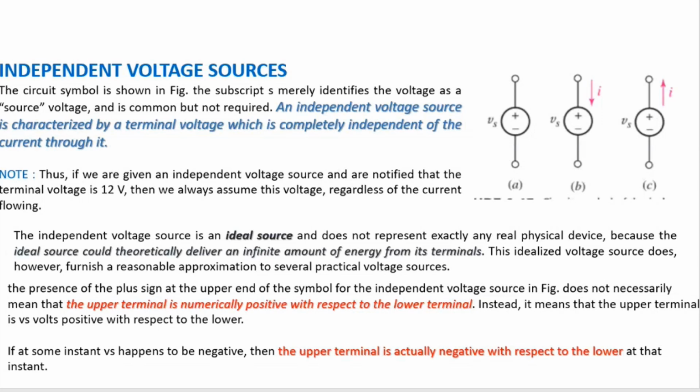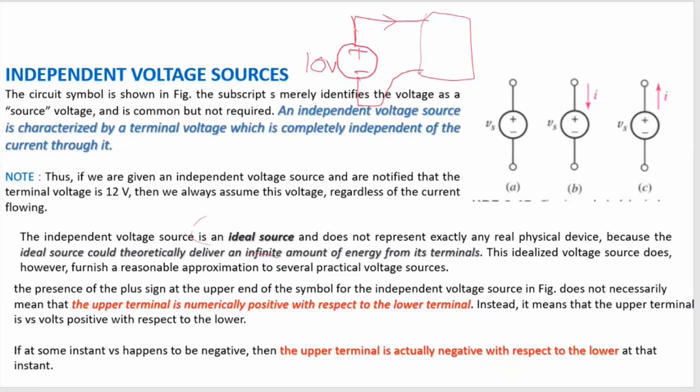That means, if there is any source, see the figure, you can see there are three figures representing the voltage sources. If this network demands 1 ampere of current, it has to deliver 1 ampere of current from the positive terminal.